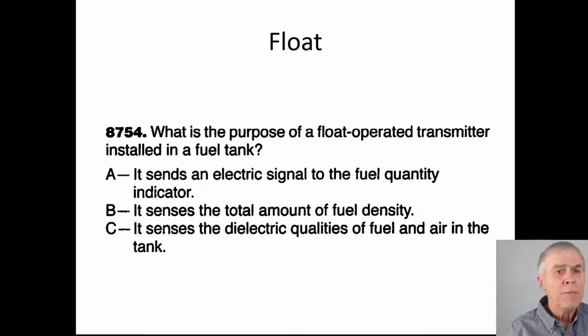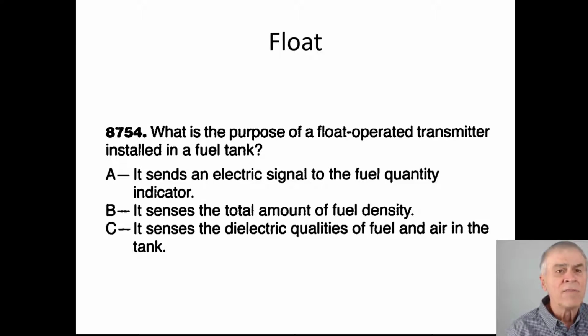B, it senses the total amount of fuel density. No, that's going to be the capacitance type. A float floats regardless of the density of the fuel, so its indicator is going to be the same regardless of the density.